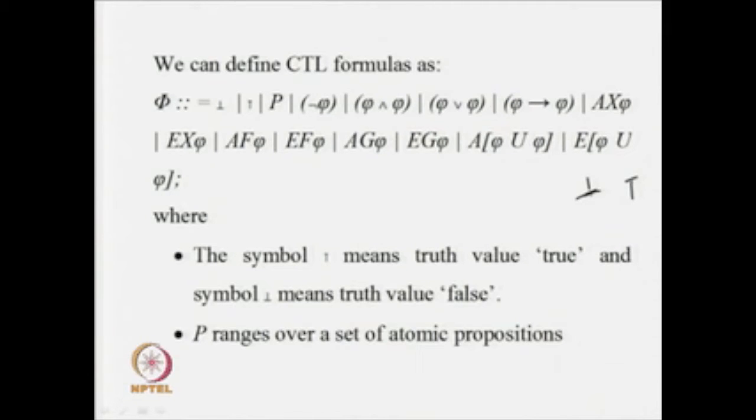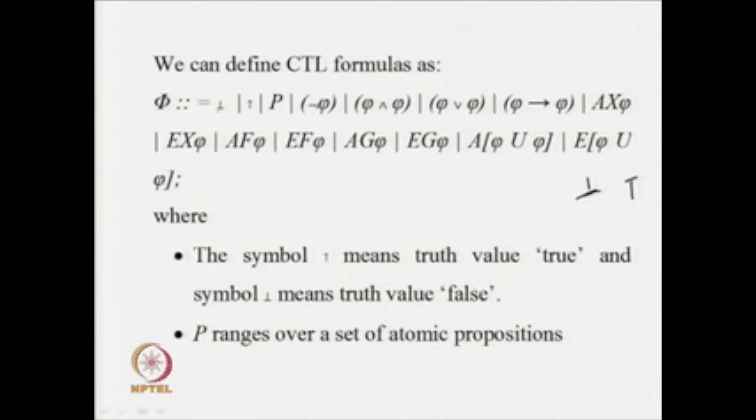So, we have two truth values in our logic, true and false. True is represented by the symbol top and false is represented by the symbol bottom. So, top and bottom are treated as CTL formulas. Then next we have P; all atomic propositions P will be treated as CTL formulas.